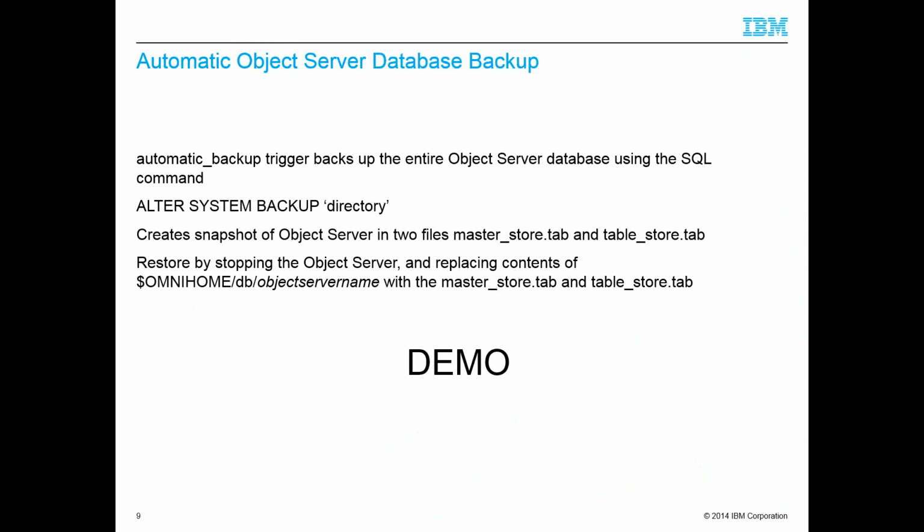And then there's another question. Can you clone an object server created on 7.4 or earlier into an 8.1 or later using nco_osreport? You can copy an object server using nco_osreport, or you can even use this alter system backup command and copy these masterstore.tab and tablestore.tab files into your new system.